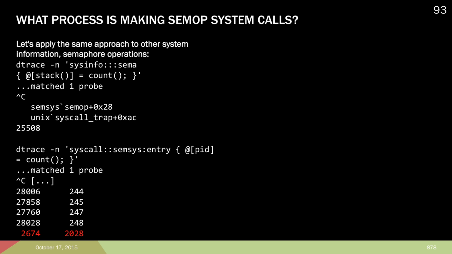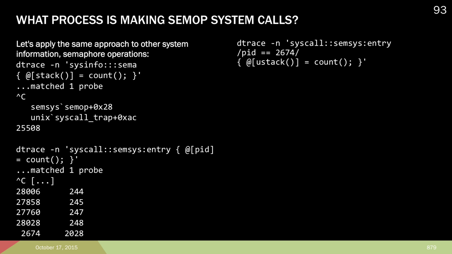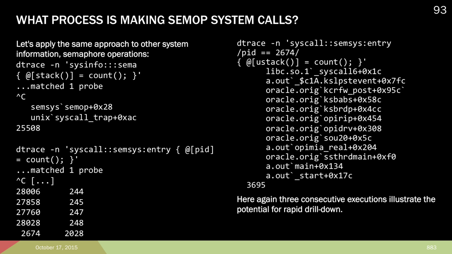Our favorite process, 2674, has the most. We'll do the same thing again, but limit to process ID 2674. And we see user code paths are the culprits that lead up to the semaphore call. Here again, three consecutive executions illustrate potential for rapid drill down.